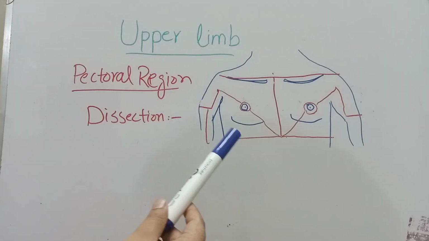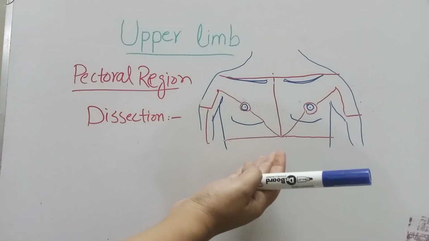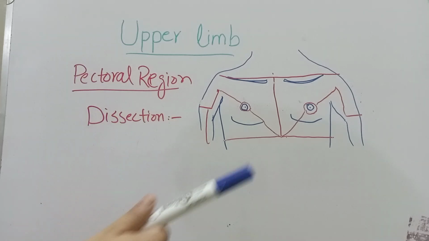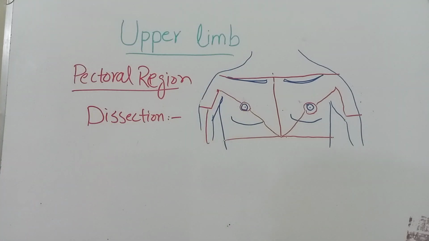Now reflect the two flaps of the skin towards the upper limb so that the inner structures will be exposed. This is how you are going to make the incisions for dissection in the pectoral region.